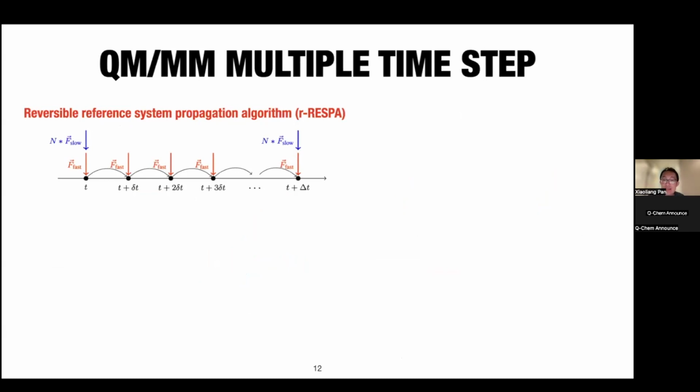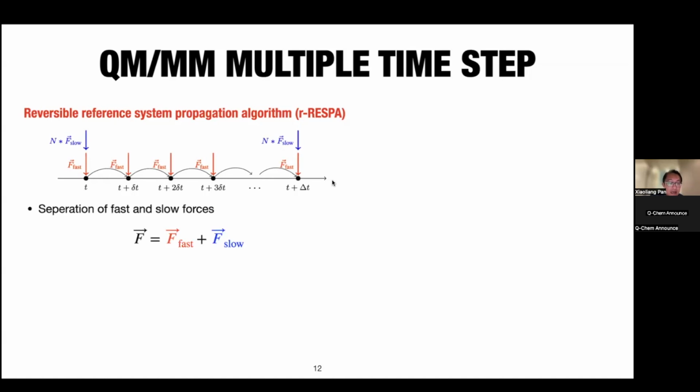Okay, next method. The previous ones are all post-processing methods, but this one is an on-the-fly method. In this case, we are adopting the RESPA multiple time step scheme.